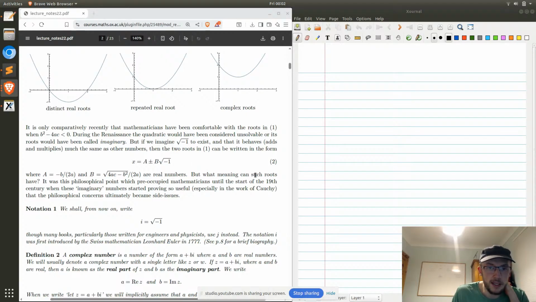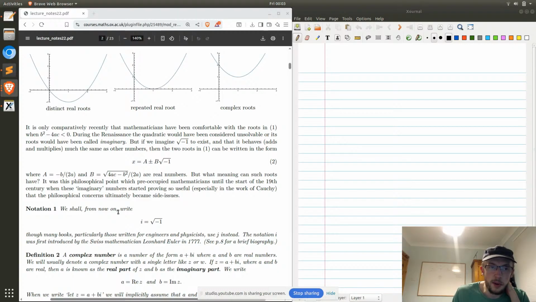But what meaning can such roots have? It was this philosophical point which preoccupied mathematicians until the start of the 19th century, when these imaginary numbers started proving so useful, especially in the work of Cauchy, that the philosophical concerns ultimately became side issues.